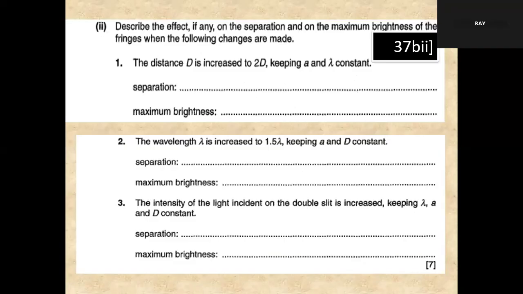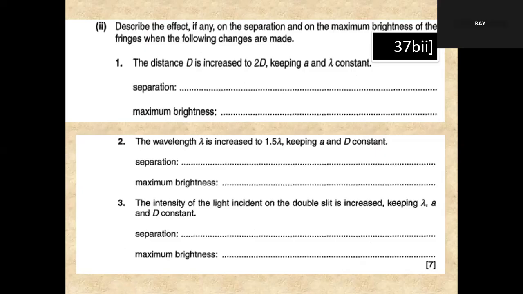Describe the effect, if any, on the separation and the maximum brightness of the fringes when the following changes are made. Use the formula where D is increased to 2D, keeping a and lambda constant. What happened to the separation?